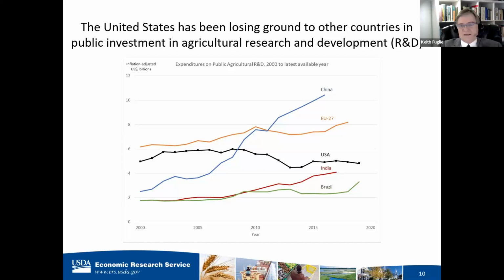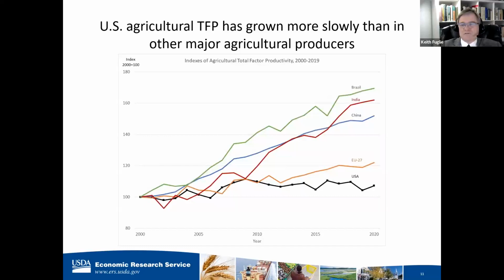Next slide. Now let's look at how these countries have performed in terms of raising productivity of their agricultural sectors. Again, we're using our TFP index. Here I've indexed all the countries' TFP at 100 in the year 2000 to see how much it's changed in the last 20 years. Brazil, India, China, and the EU 27 have all raised their agricultural productivity faster than the United States.